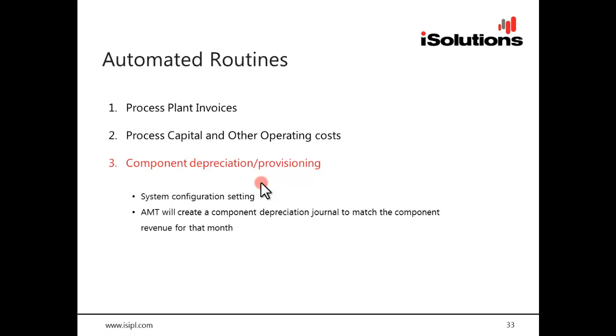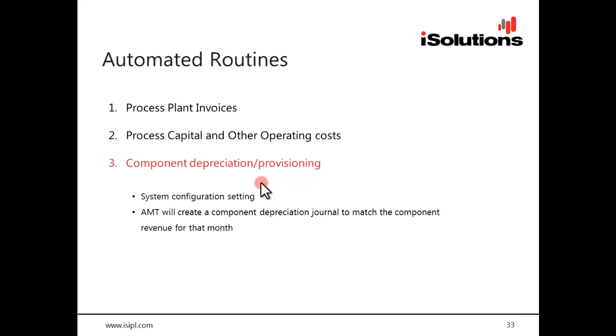The third area is your component depreciation or provisioning. So this is to automate the process where you've charged in your plant revenue $10 an hour for depreciation or for your major components. So you've got $10 an hour revenue coming in for your major components, and you want to transfer that $10 an hour to your provision account.